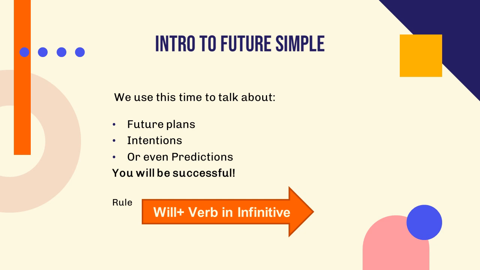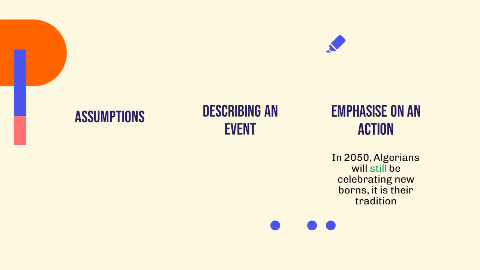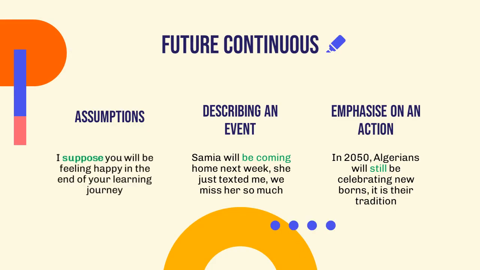Let's move on, since we have seen a little glimpse about future simple, to the future continuous. Now it is a future, but it is continuous, يعني مستقبل متواصل. Why does it continue?